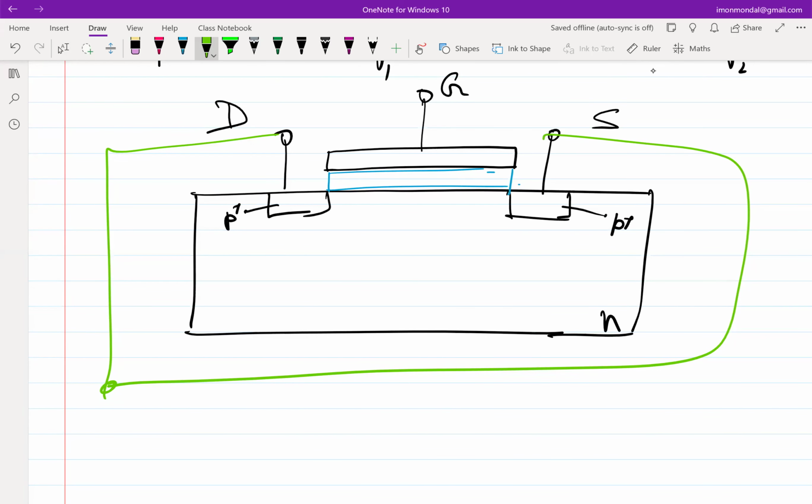The drain and the bulk are also connected together. This is N plus. This is also connected together. And let's say this is connected to some voltage. Let's name it PSG.